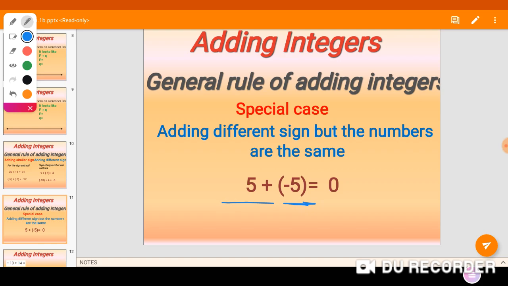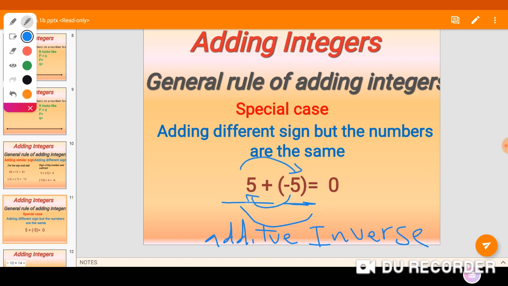We call this the additive inverse. So the additive inverse of 5 is negative 5, and the additive inverse of negative 5 is 5. If we add two additive inverses to each other, the answer will be 0.